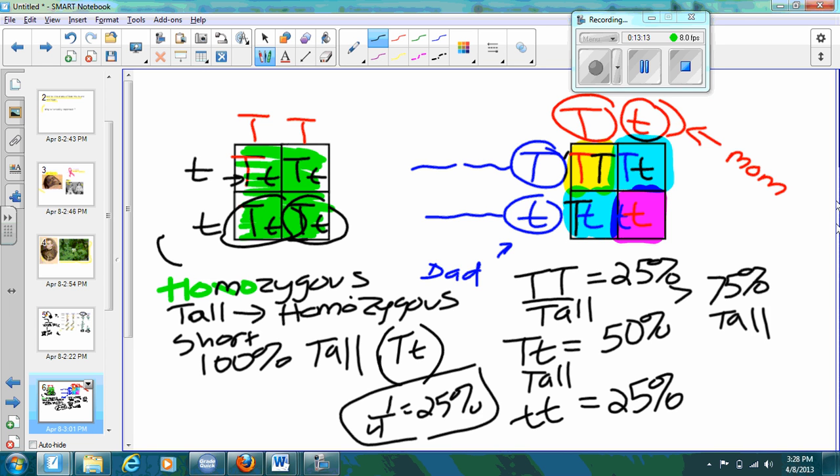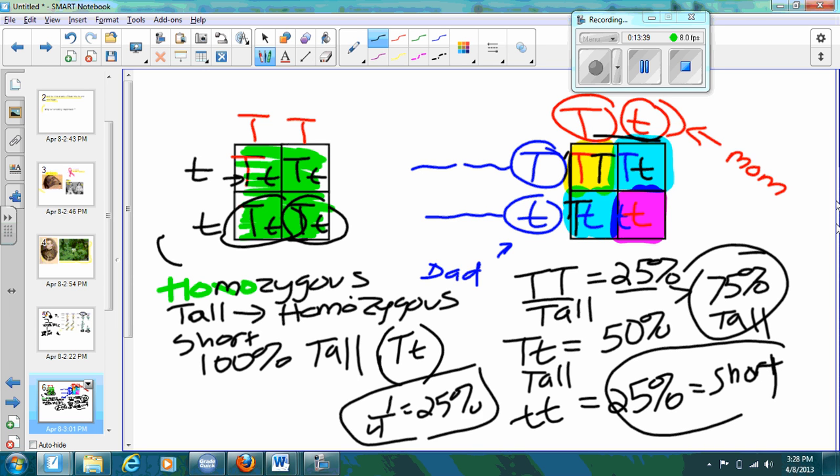Little t is equal to 25%. And that basically means that 25% is equal to short. Okay? So from putting these genotypes through crosses, we can actually tell if you had a parent with this and with this, you could basically tell them that they have 75% chance of having a tall plant and a 25% chance of having a short plant.